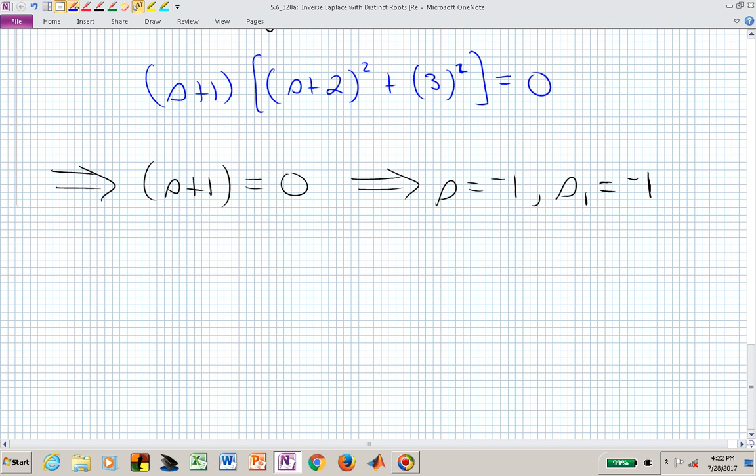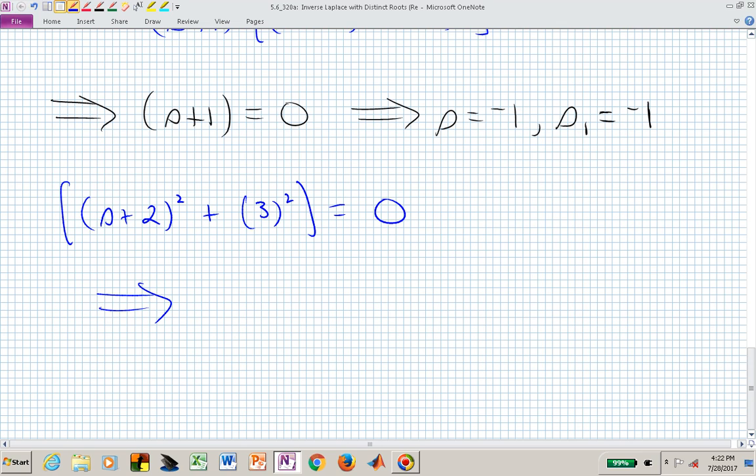Let's now look at the second piece, which is written in a special factored form. We have s plus 2, that quantity squared, plus 3, that quantity squared, equal to 0. If we work directly with that structure, let's now subtract 3 squared from both sides, and we're left with s plus 2 squared on the left.